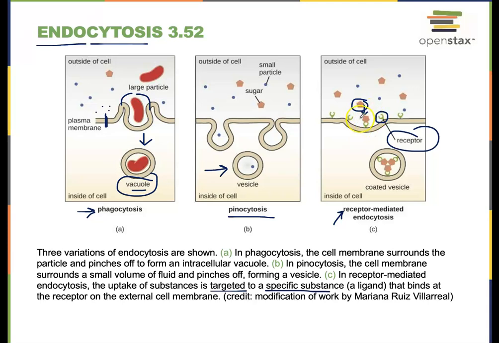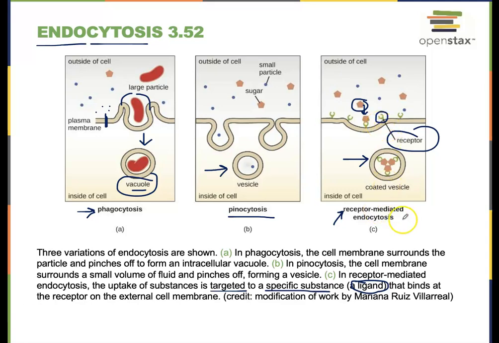When the receptor is attached to its ligand, the ligand is a word for something that binds to a protein. It will bring it inside of a vesicle. So the cell specifically knows that it's bringing in this substance because it has created receptors to reach out and grab it, right?